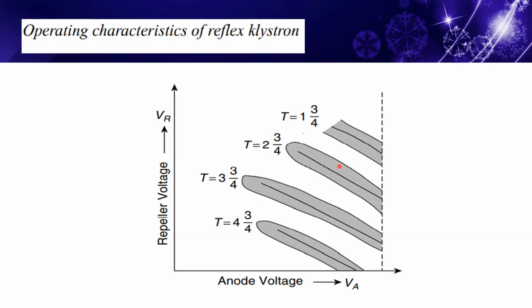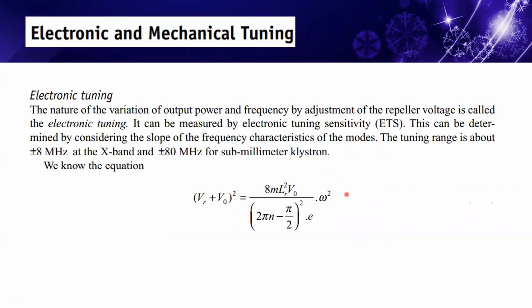The earlier the mode, the larger the output power, which is a great advantage of this reflex klystron. Therefore, the voltage required for the reflex klystron should be higher. Therefore, there is a possibility of these low frequencies. That is why the analysis can be drawn corresponding to n equal to 1, 2, 3, 4, and that should be yielded.